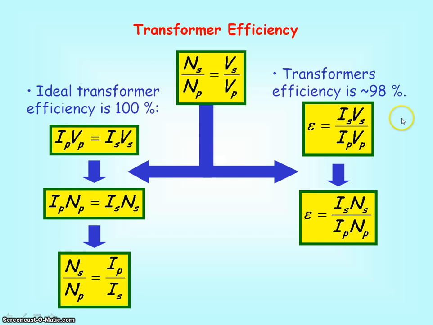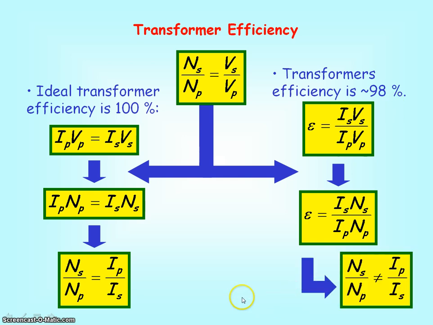And it's important to note, because the transformer is not 100% efficient, this equation is no longer true. So the current will not step down by the same ratio as the voltage steps up, or the turns ratio steps up.